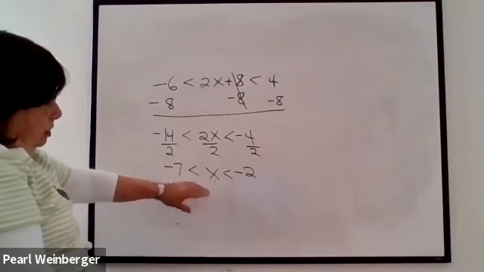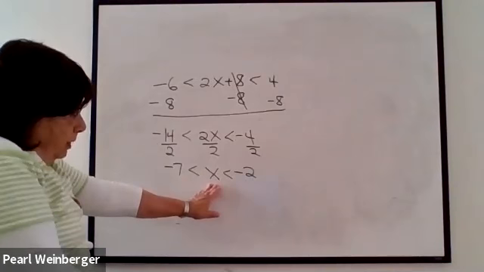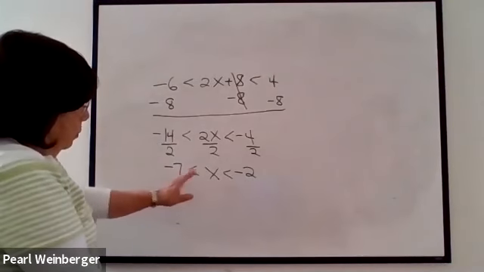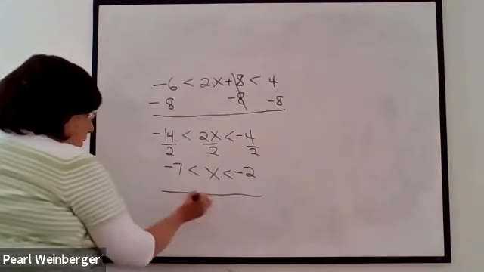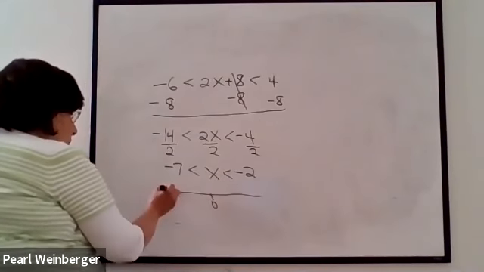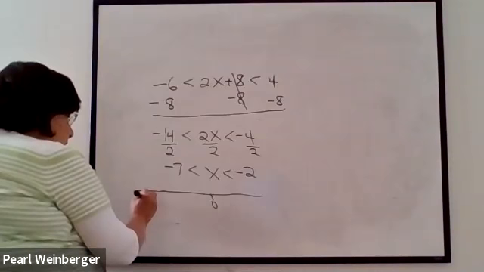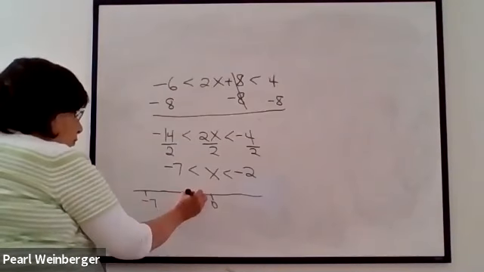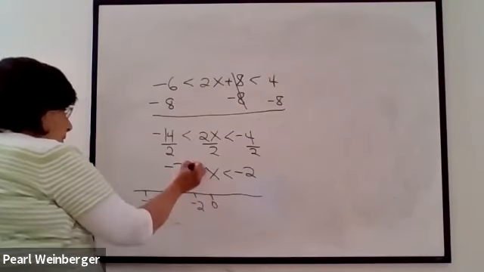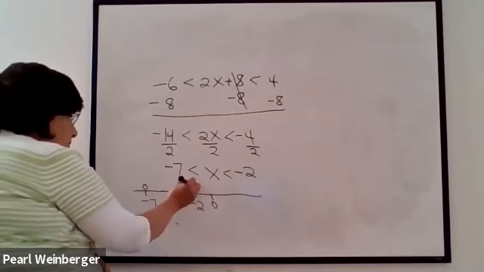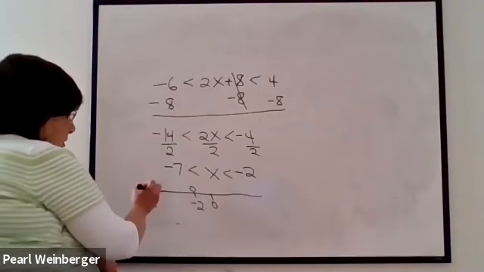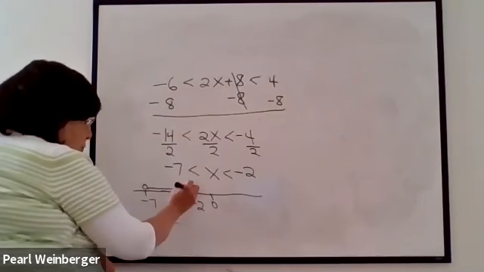Again, I have the x alone in the middle, the -7 on one end, the -2 on the other end. So on my number line, here's my 0. My -7 is, let's say, over here. My -2 is over here. These are both less than signs, so those are just open circles. And of course, we connect in between.